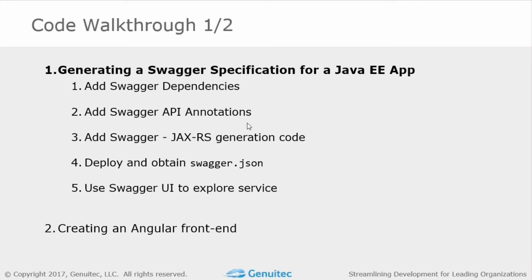Okay, let's actually start a little bit of our code walkthrough. So we have two parts to our walkthrough today. Part one is about generating a Swagger specification for an existing Java EE app. And part two is about creating an Angular frontend. In part one, what we're doing right now is we'll add a few libraries to our Java EE project.